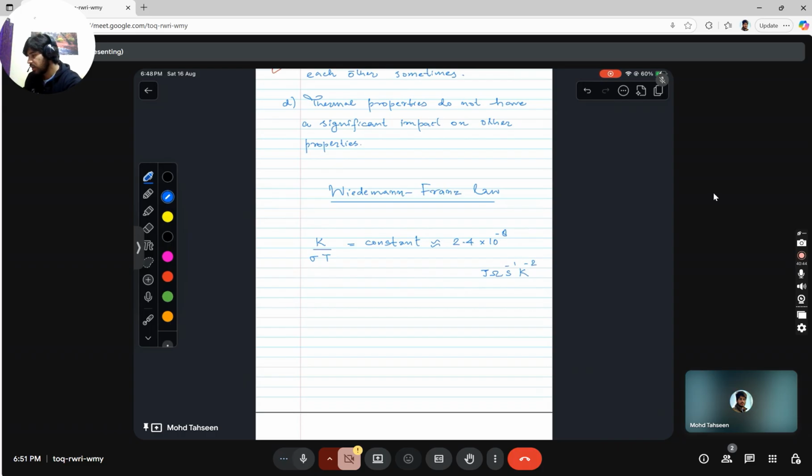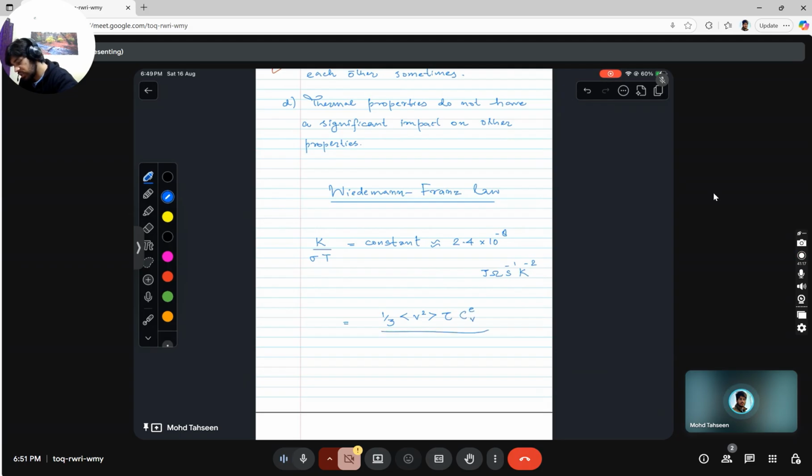Now we know the expressions of K, the thermal conductivity, and sigma, the electrical conductivity, from the discussion we had. We know that K by sigma T. First let's write the expression for K, that is 1 by 3 times the root mean square velocity, then tau and CVE.